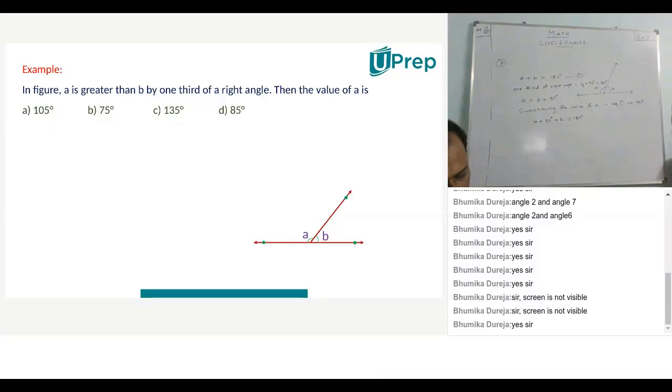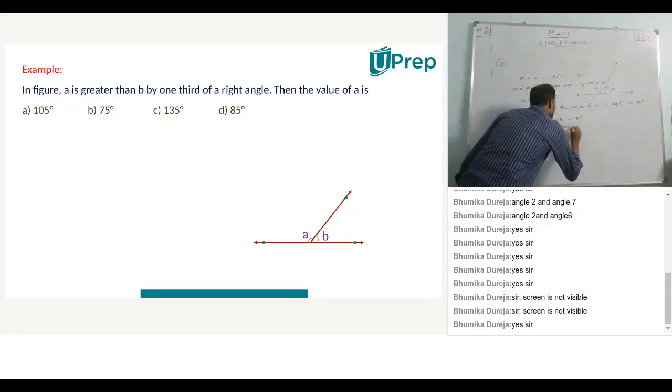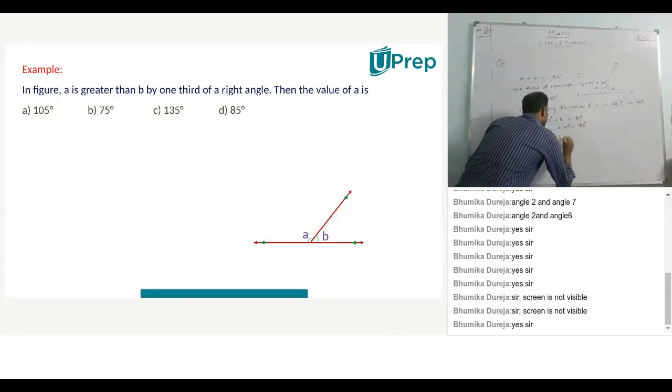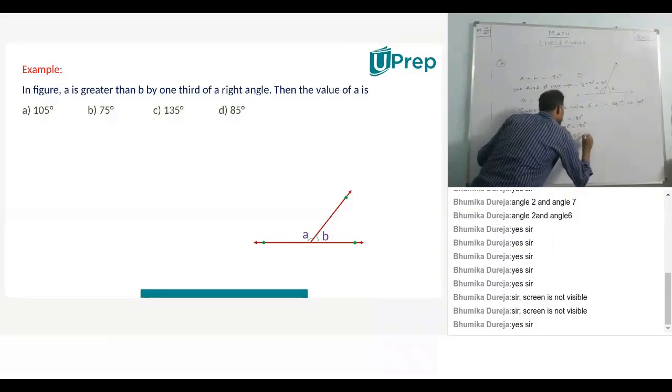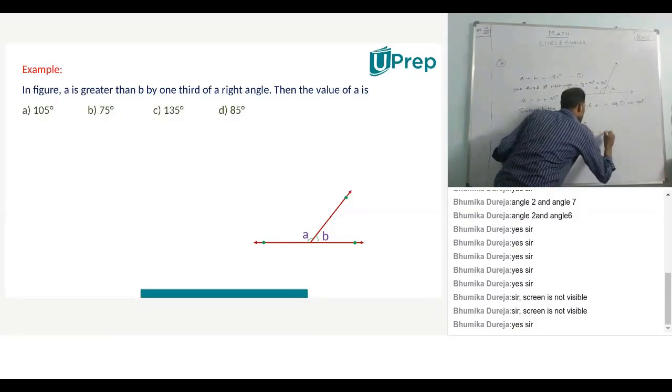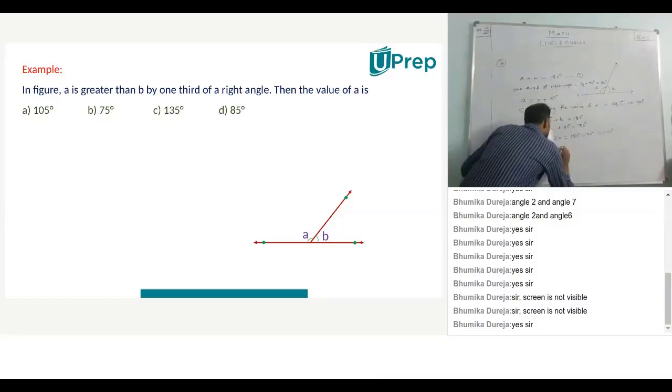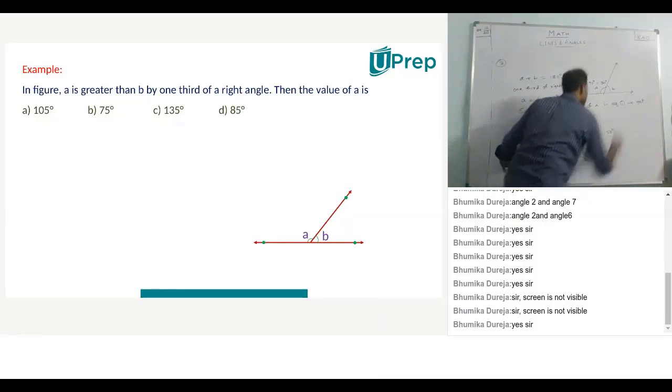Sir, A is 105. Okay. 2B plus 30 is equal to 180. So 2B will be equal to 180 degrees minus 30 degrees, which is equal to 150 degrees. So B is equal to 150 upon 2, which is nothing but 75 degrees.